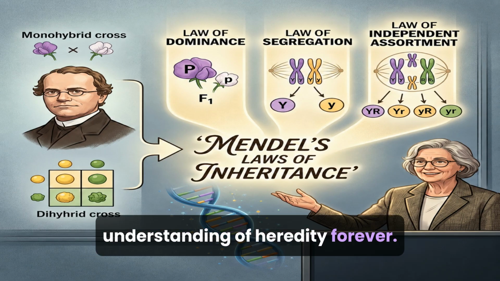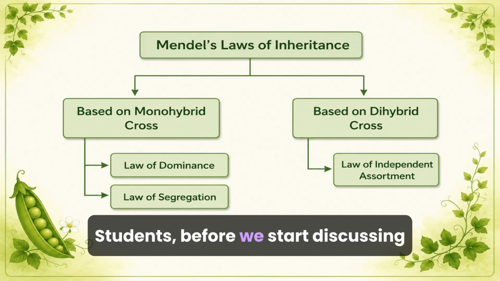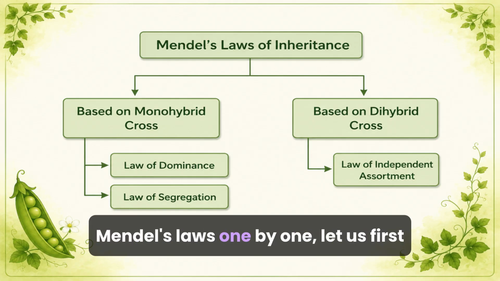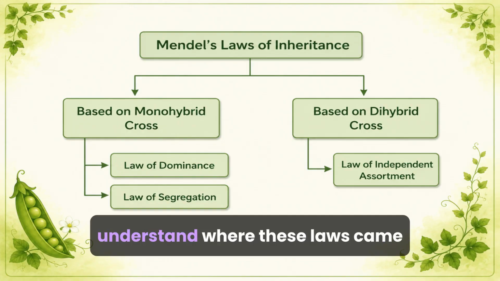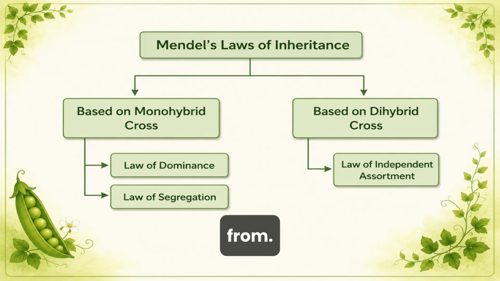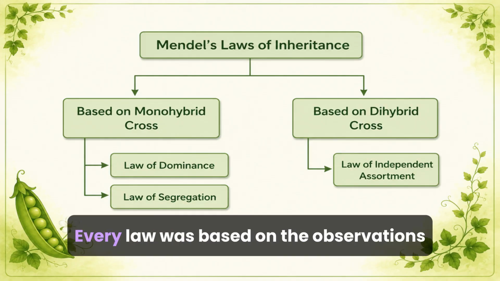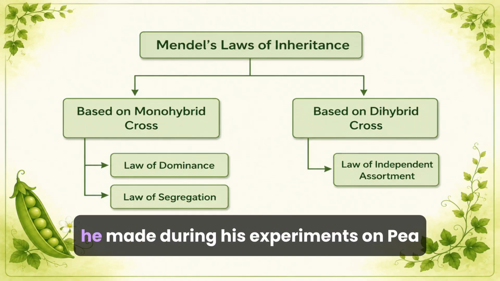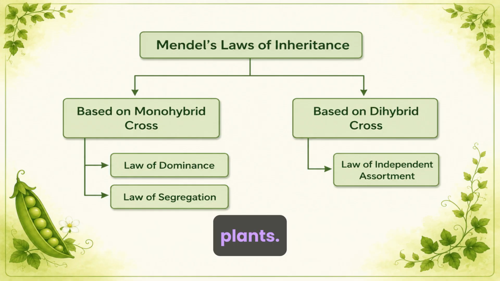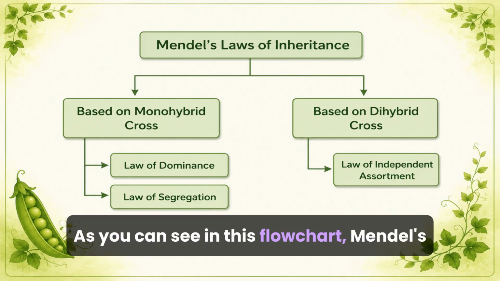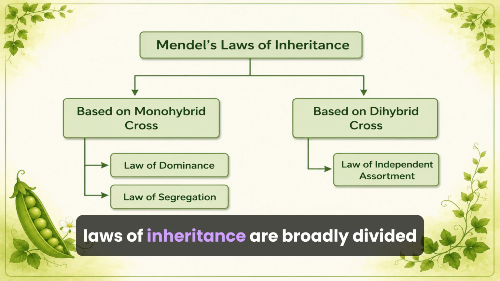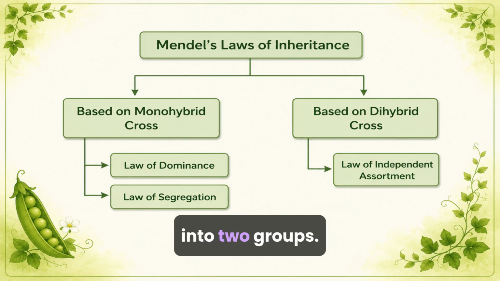Students, before we start discussing Mendel's laws one by one, let us first understand where these laws came from. Mendel did not simply propose these laws without evidence. Every law was based on the observations he made during his experiments on pea plants. As you can see in this flowchart, Mendel's laws of inheritance are broadly divided into two groups.